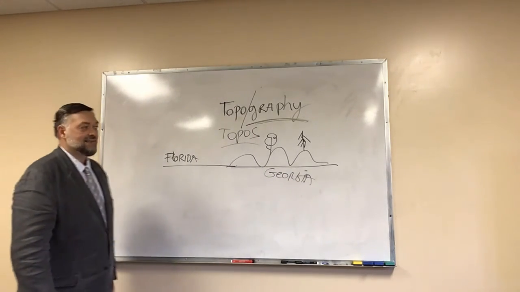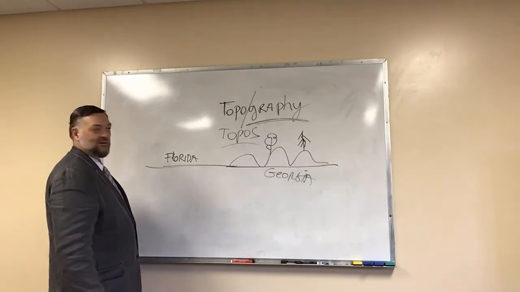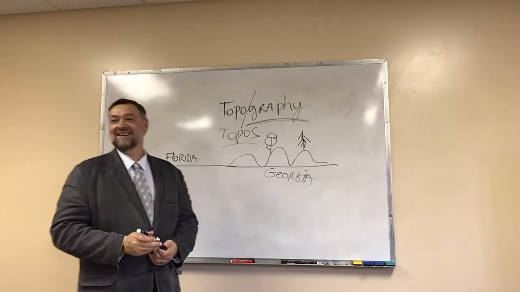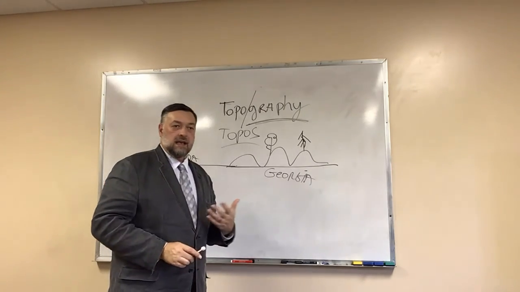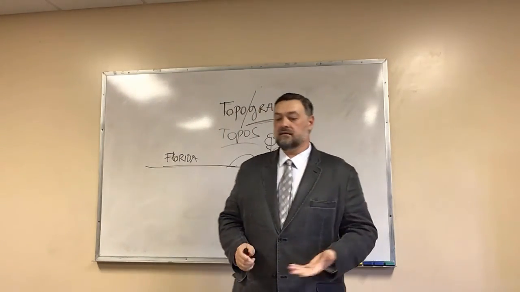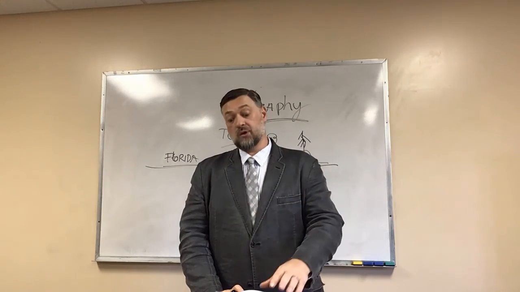This is what I mean, an exemplary definition. Florida is flat, Georgia has hills, Florida doesn't have it. So exemplary definition is when you're explaining by example what that complicated word you may be using means.